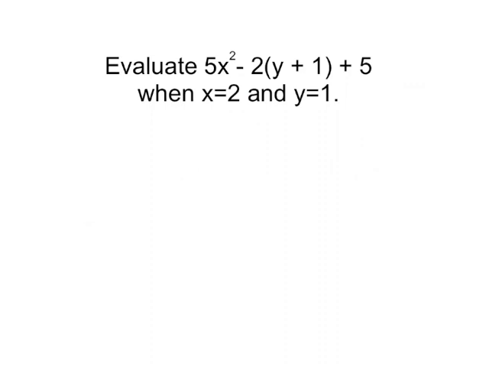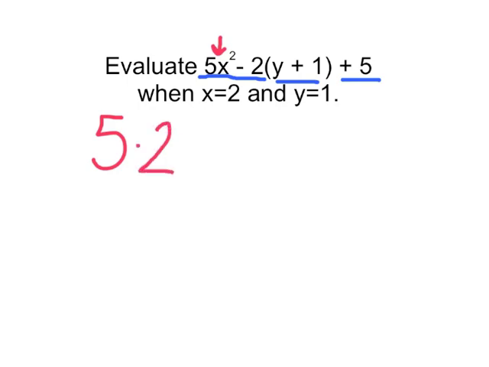Let's try a harder one. Evaluate 5x squared minus 2 times the quantity y plus 1 plus 5. First, I want to rewrite the expression with the correct substitutions. I want to put x in and the value of y in. 5, and there's no sign between the 5 and the x, so it's going to be times.